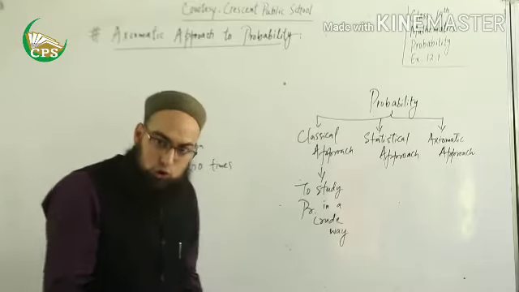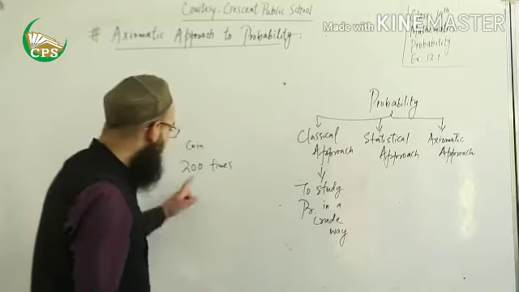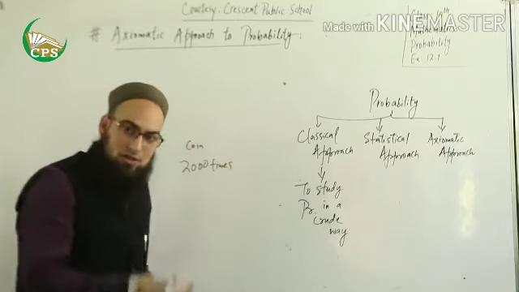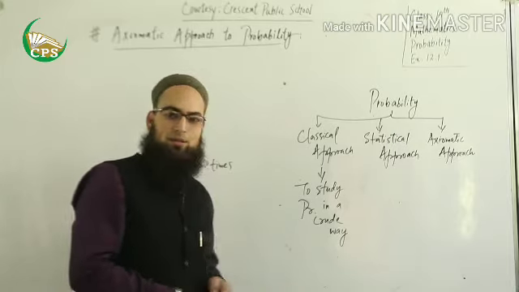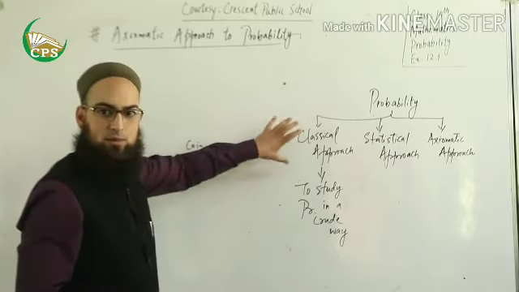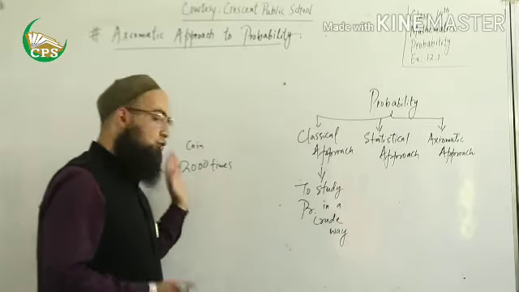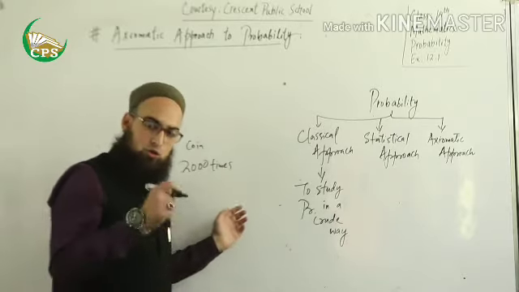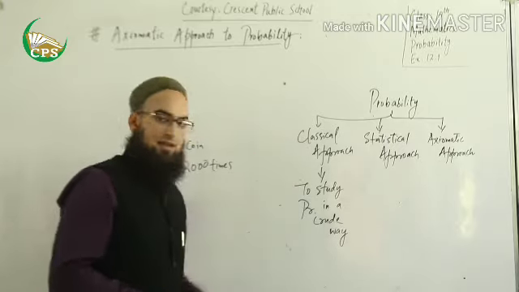You just go 200 times in a crude way. Toss the coin 200 times. And now if the number is 2000, toss the coin 2000 times and study the outcome and get the probability. That is called the classical approach, in which you do your job in a crude way. You do the experiments literally. That is called the classical approach.